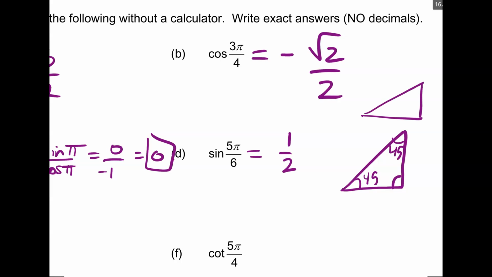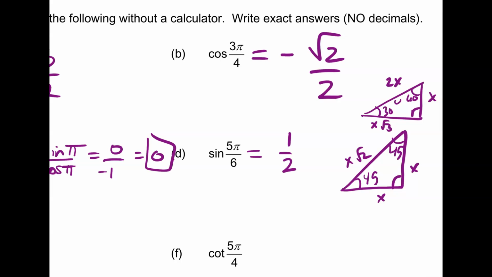If you have the rules for 30, 60, 90, you should be able to figure it out: x, x root 3, 2x, and x, x, x root 2. As long as you can quickly see sine is opposite over hypotenuse, 30 degrees opposite x over hypotenuse 2x, so it's going to be a half.